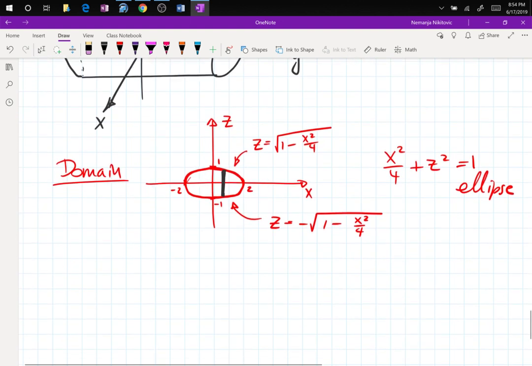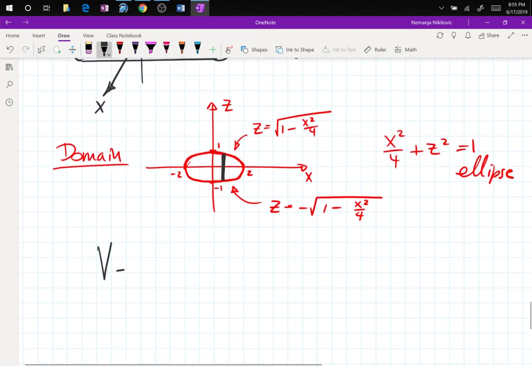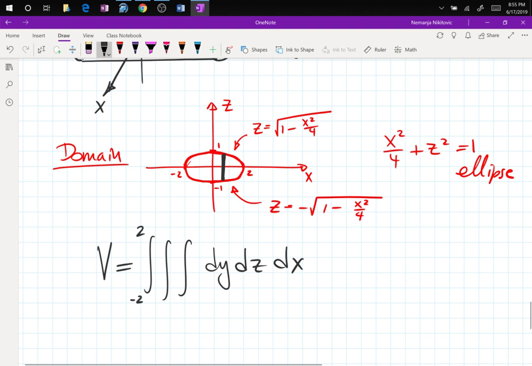So now, when I'm setting up the volume integral, I know the order. Z has functions to it. Y has functions to it. So we have to go with dy, dz, dx. X's are nicely lined up as negative 2 to 2.